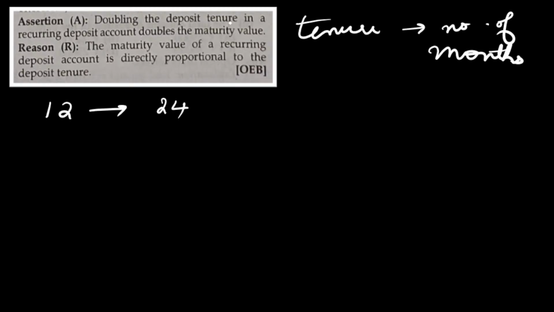Now they are telling maturity value will also double. So will that be true or false? So this statement is true or false? Do you think if time period is doubled, then MV will also be doubled?